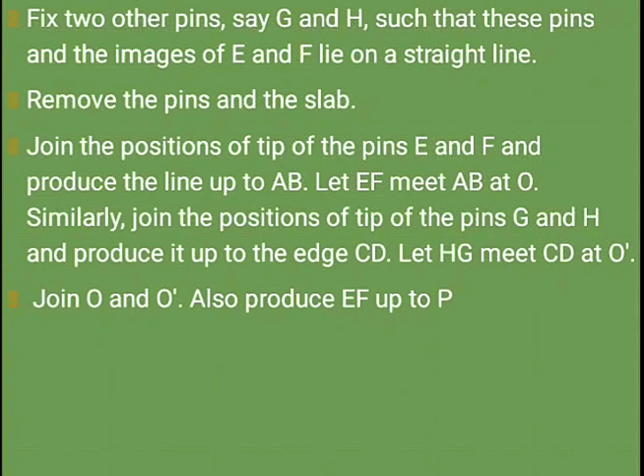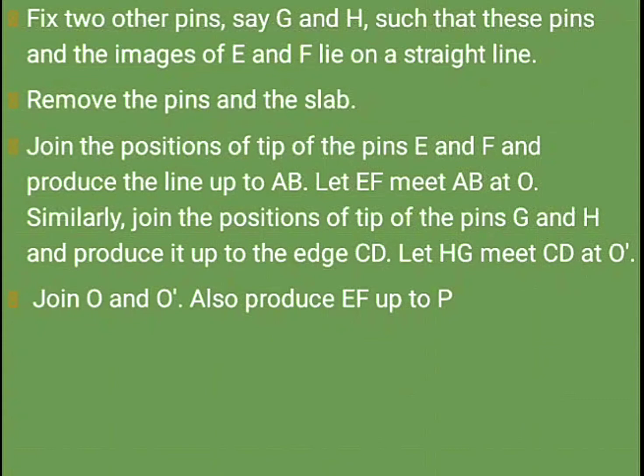Fix other 2 pins, say G and H, such that these pins and the image of E and F lie on a straight line. Remove the pins and the slab. Join the positions of tips of pin E and F and produce the line up to AB.